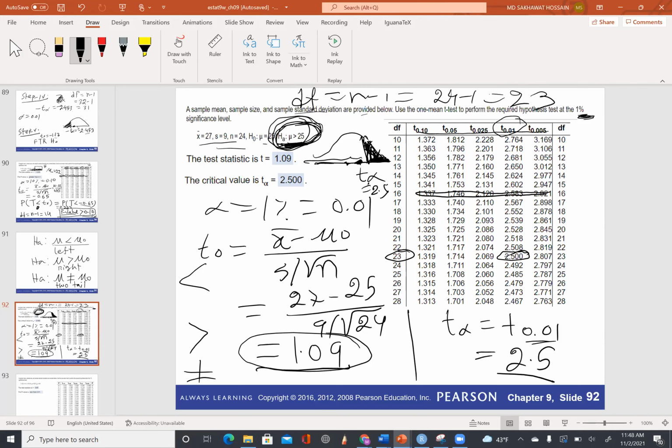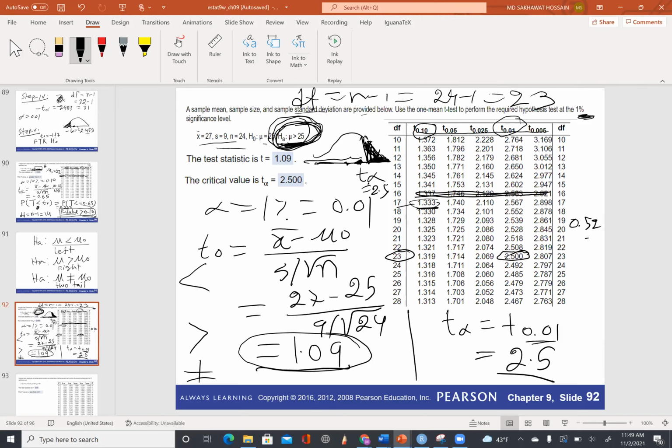It increases, right? 0.005, 0.01, 0.025, 0.05, 0.1 when t decreases. So if you have a smaller t value, for example, this is 1.33, and you have t 0.5 or 0.52, which is on the left side of this value, that means the p-value is greater than 0.10.